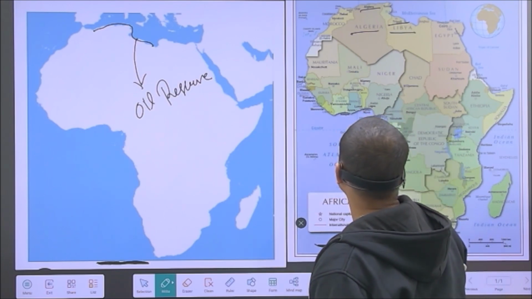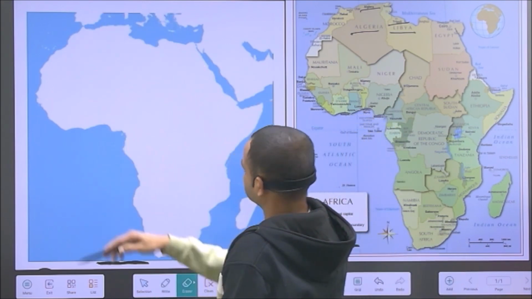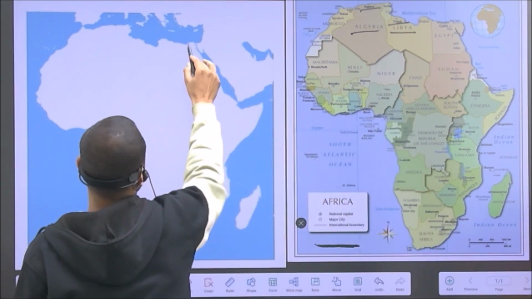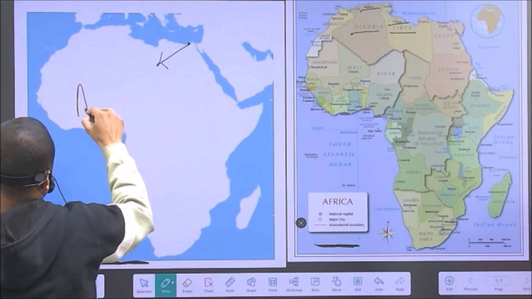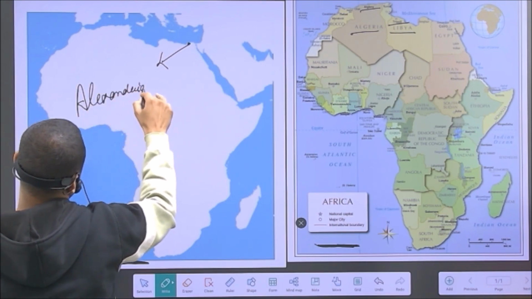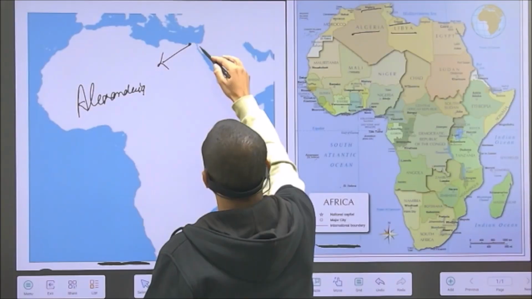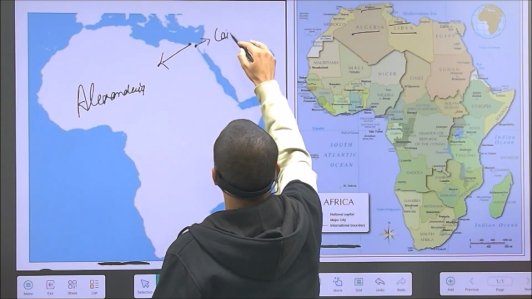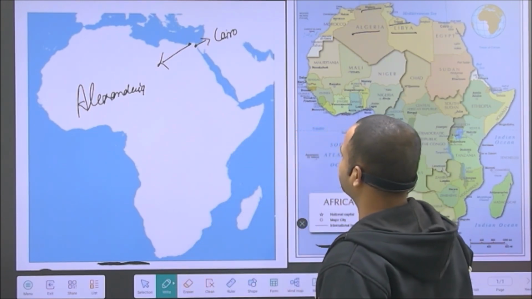Now we will see Egypt. Here one seaport is situated called as Alexandria. And this is Cairo. Cairo is situated in mouth of Nile River.